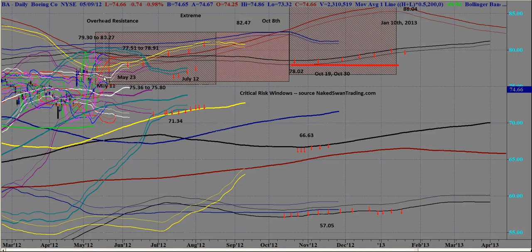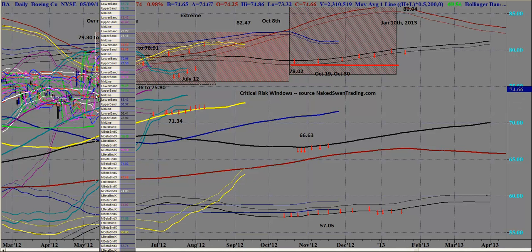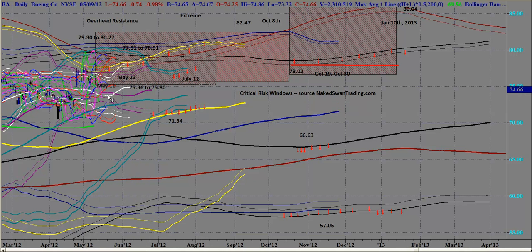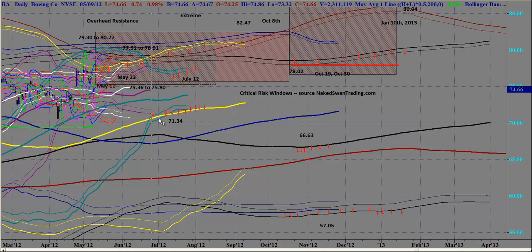But if prices remain consolidated in this area, 71.50 to the lows of today, then any time after June 26, especially on a close below 71.34, you're going to have downside risk to 66.63, going into the fall period.